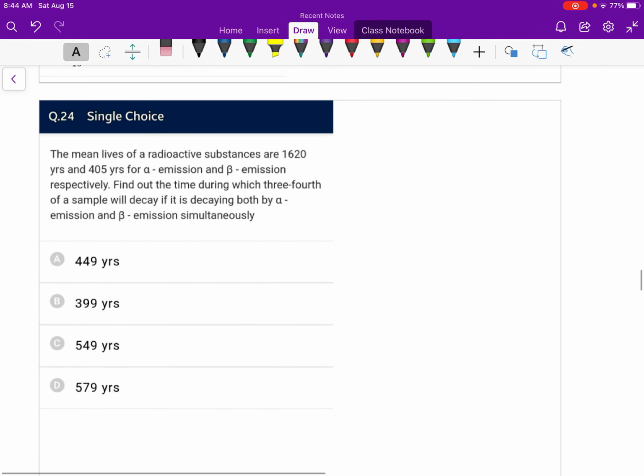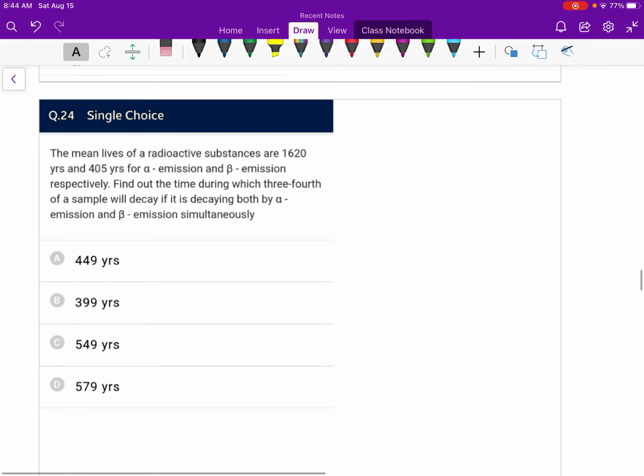The mean lives of radioactive substances are given. Find out the time during which 3/4 of a sample will decay. So lambda effective in parallel decay is lambda 1 plus lambda 2, which is 1 upon tau 1 plus 1 upon tau 2.